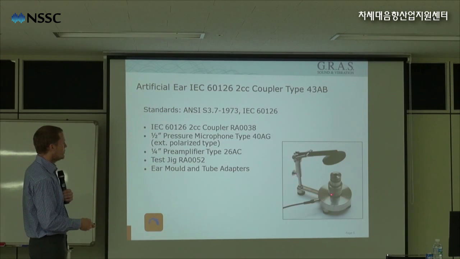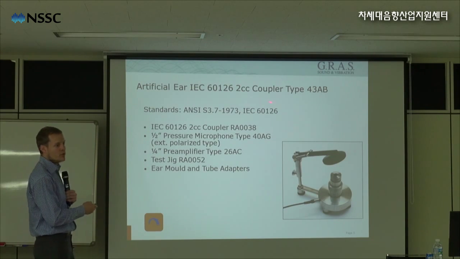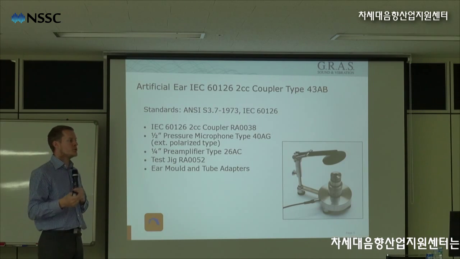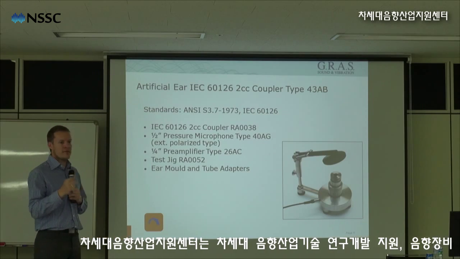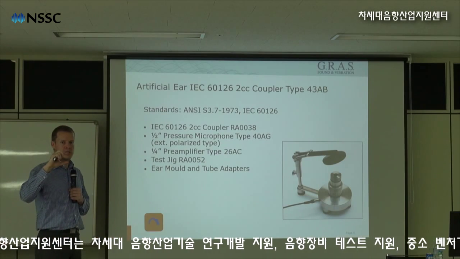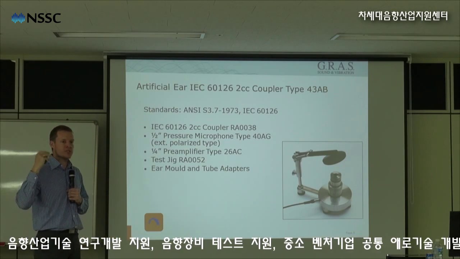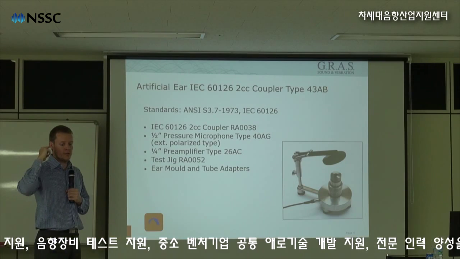We have another artificial ear, which is the 60126 2cc coupler. This is a different approach from the other product. This coupler has a 2cc volume, which represents the volume that you have inside the ear.